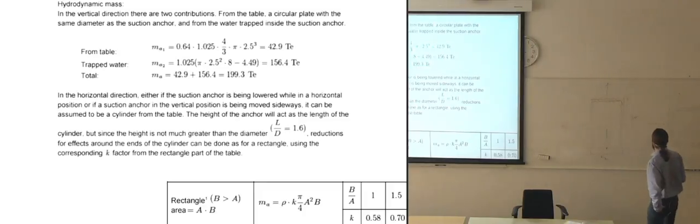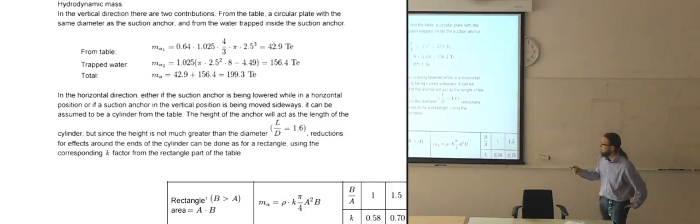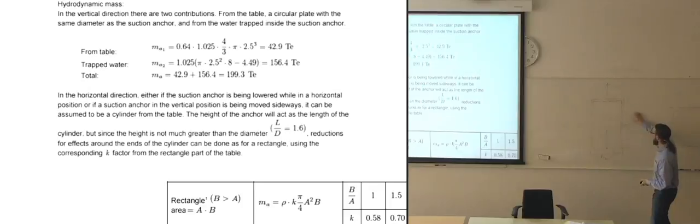Because now, if we just look at the cross section this way, we basically get a rectangle that is covering the entire cylinder. So we can simplify it as looking at a rectangle, because we only have 8 meters of length and we have 5 meters of diameter.